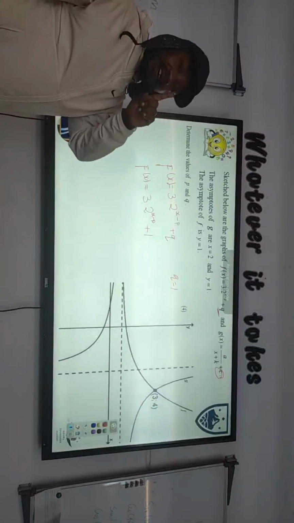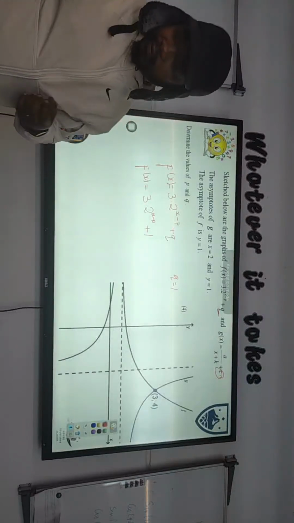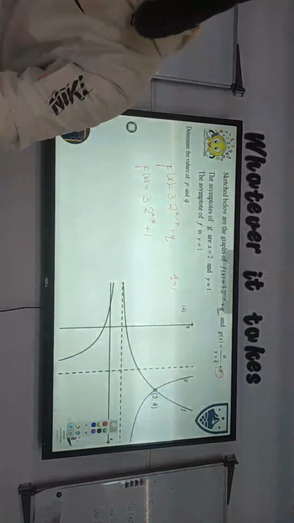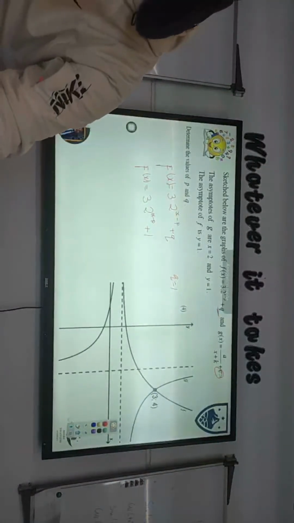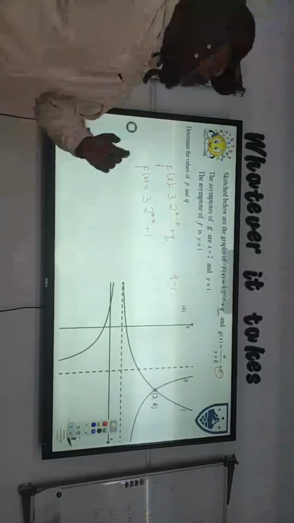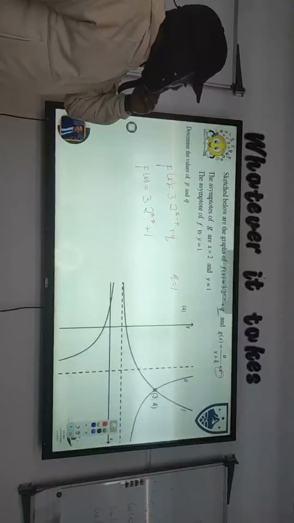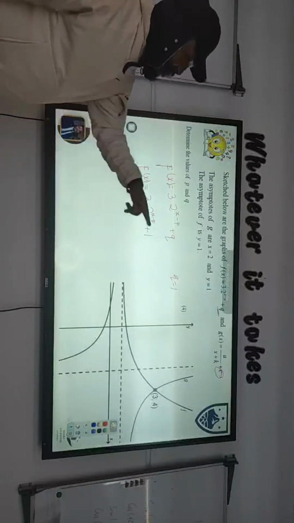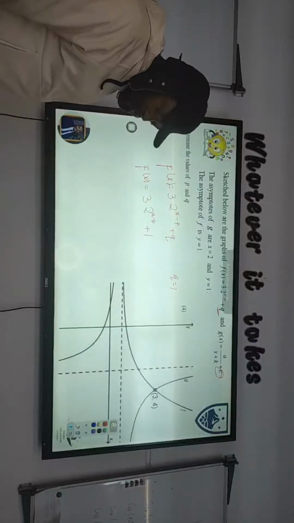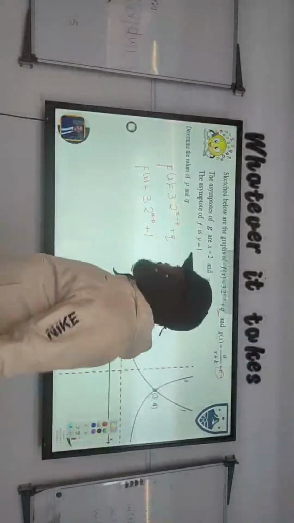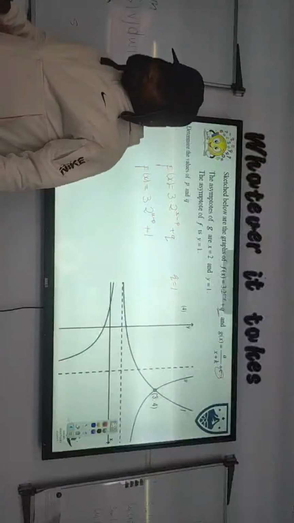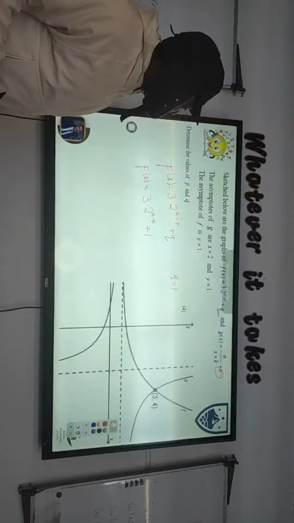Exponential functions have one asymptote. And then let's substitute that point, because the exponential function also is passing through that point. That's the only point that we are actually sharing between the hyperbola and the exponential function.